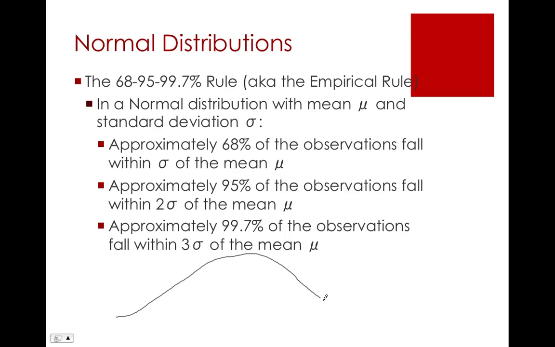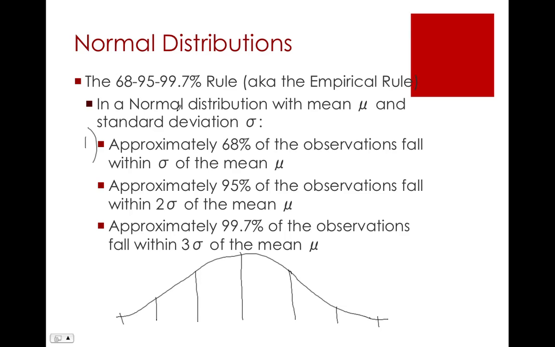Here is a normal curve. Here is the mean. It looks like my concavity changes right about here, so I'm going to draw in a line there and there. And then I'm going to repeat that distance. So there's another, and there's another. Here's another on this side, and here's another on this side.